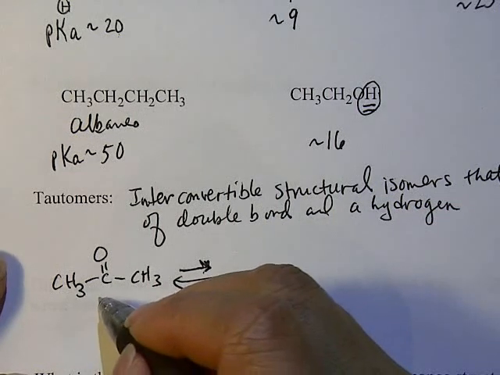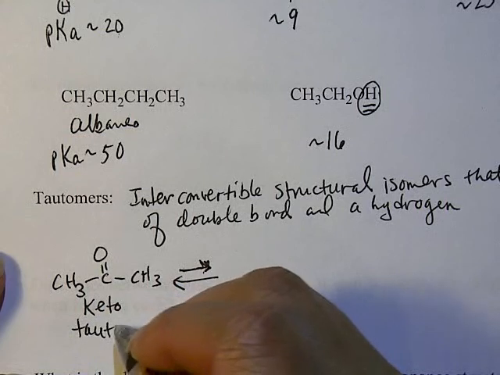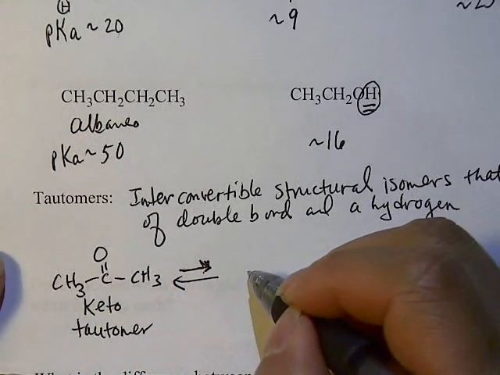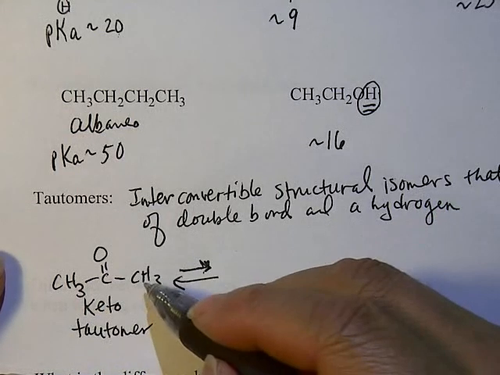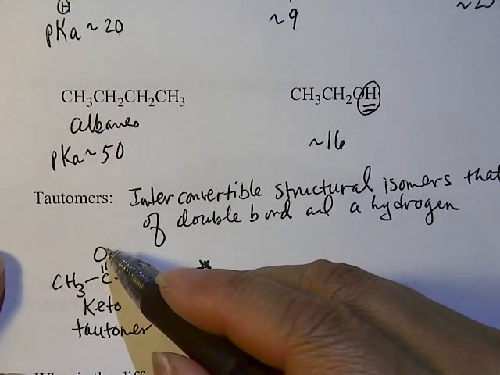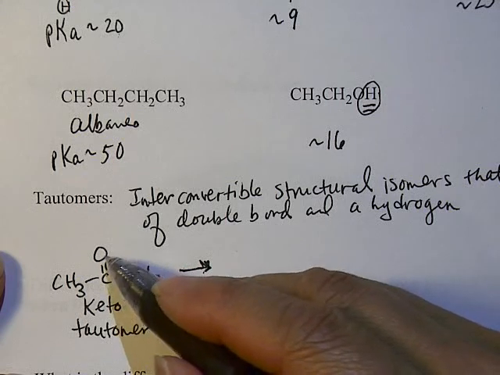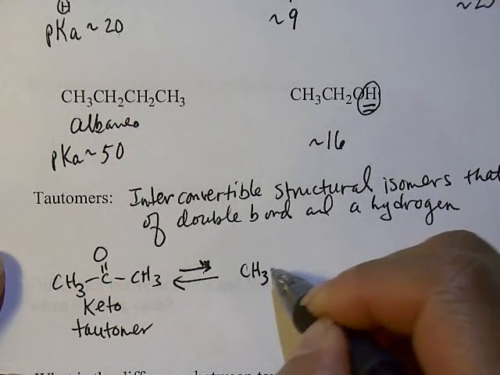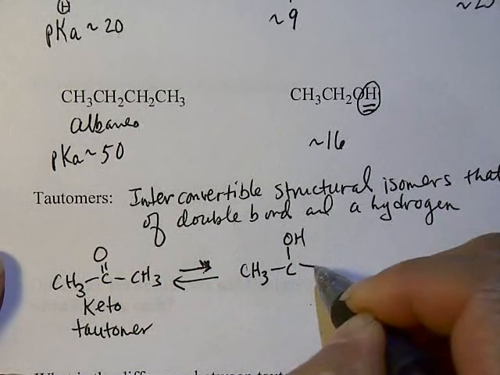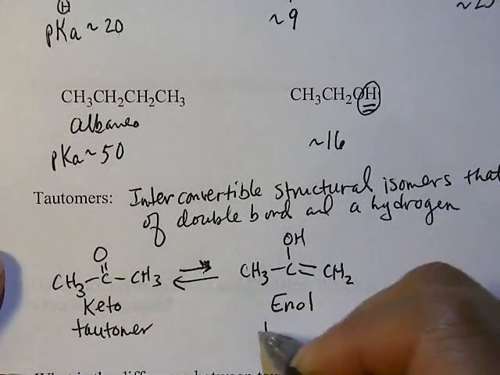All right, so this would be called the keto tautomer, and the enol version of it, where the hydrogen is removed and goes to the oxygen, and then the double bond is between carbon and carbon, not between carbon and oxygen, would be called the enol tautomer.